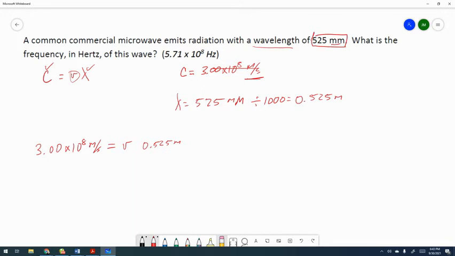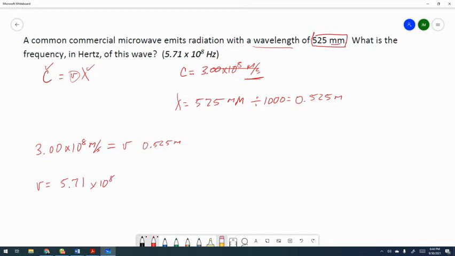Now we can just use algebra, right? We're going to divide both sides by 0.525 to isolate the frequency. After plugging that into our calculator, we have 5.71 times 10 to the 8th.